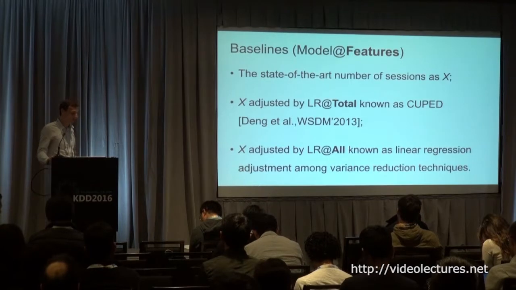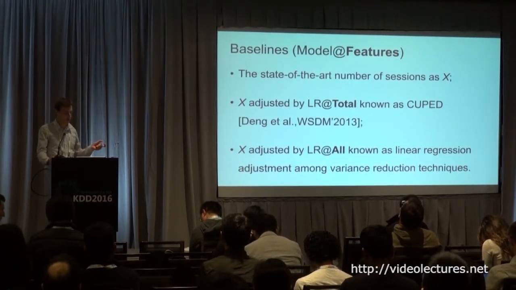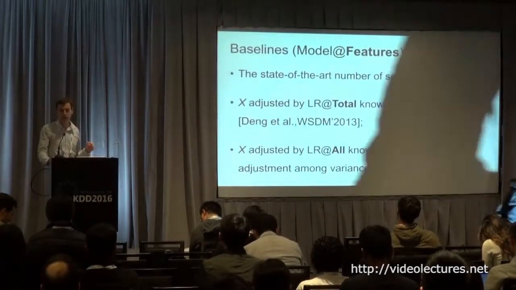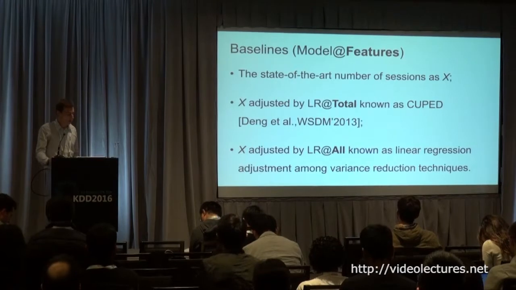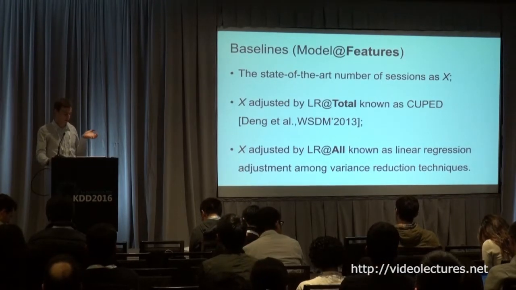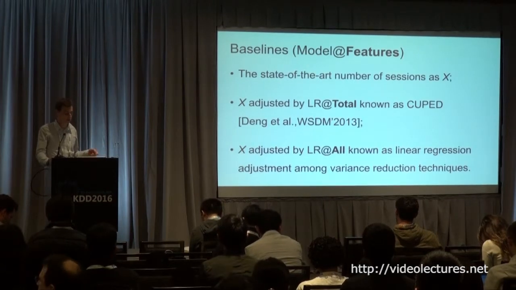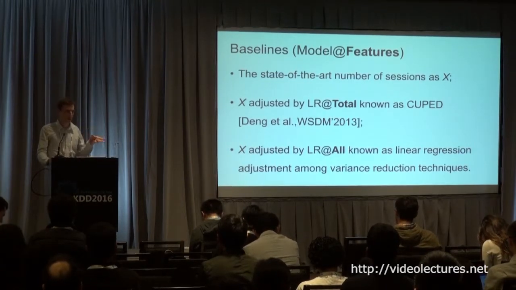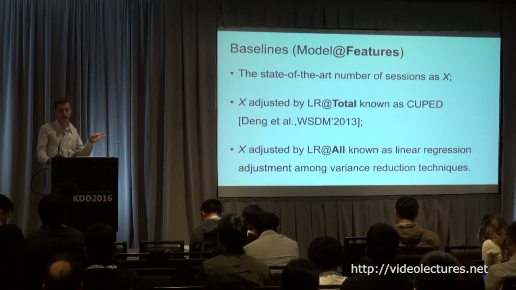In our study, we consider the following baselines. First, the state-of-the-art number of sessions as our non-modified source key metric X. Second, we consider this metric X adjusted by a linear model constructed over only one feature, which is the number of sessions before the experiment.